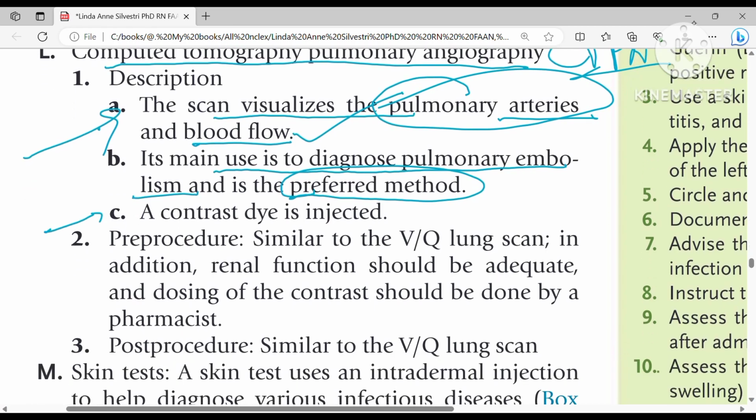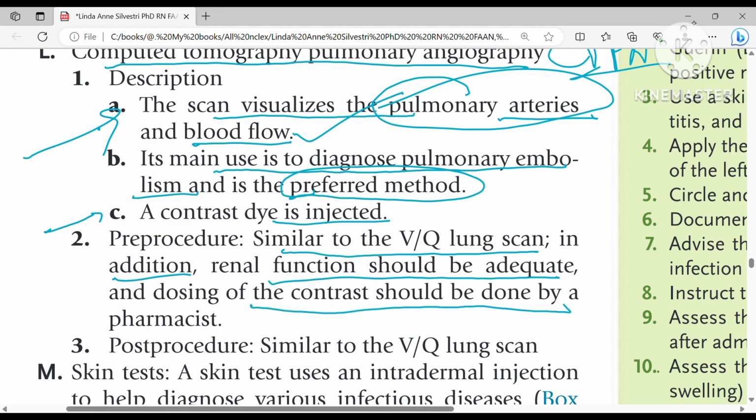A contrast dye is injected. In this also we will inject some dye. The procedure is similar to the VQ lung scan. In addition, renal function should be adequate, so in this also renal function should be adequate. Then only we can go for CTPA.